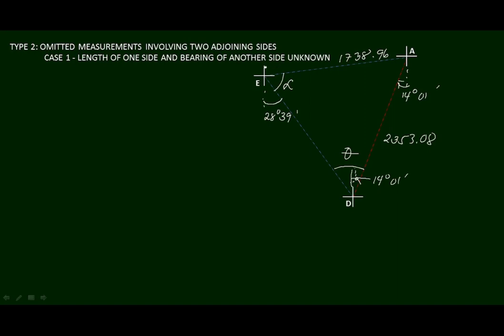And ito yung isang unknown natin. Yung hinahanap natin na unknown is this one. This angle here. This is the bearing of EA. And isa pang hinahanap natin, length ni ED or ni length ni DE.